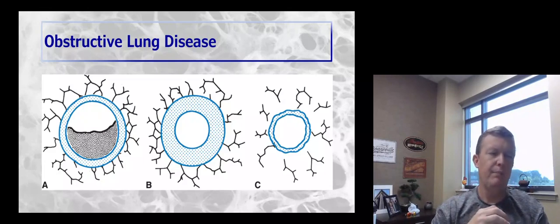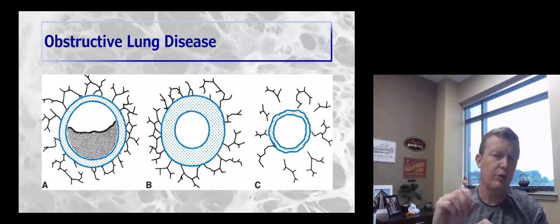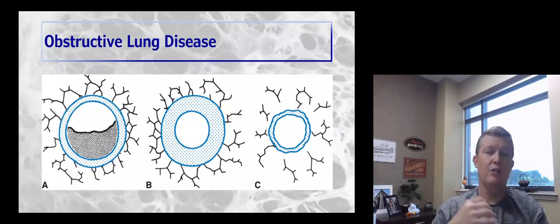In the middle example, if you'll notice the blue section, the blue circles with the dots, that section is thicker than the blue section in example A. This reflects inflammation, an inflammatory process in the lung tissue itself that's causing the airway, which is represented by the white portion in the center, to be smaller.